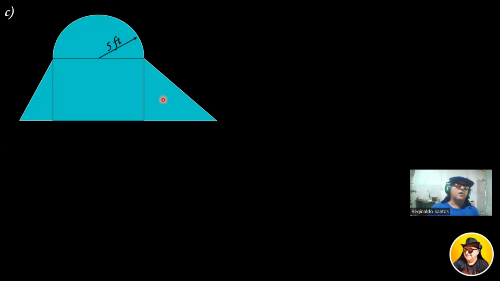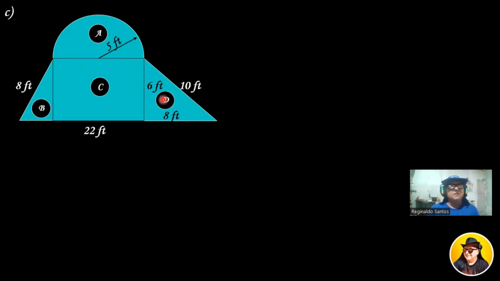So the radius of the semicircle is 5 feet. The other measurements are common. So the semicircle is shape A, the triangle is shape B, the rectangle is shape C, and the other triangle is D.